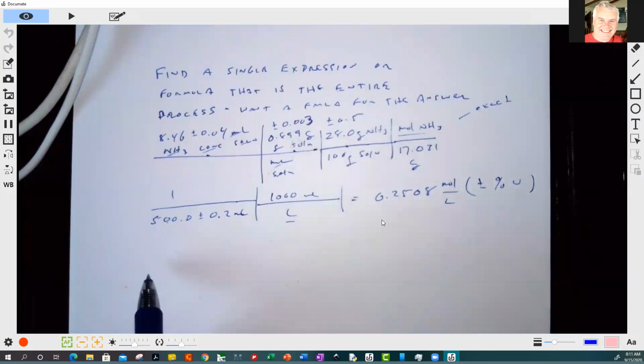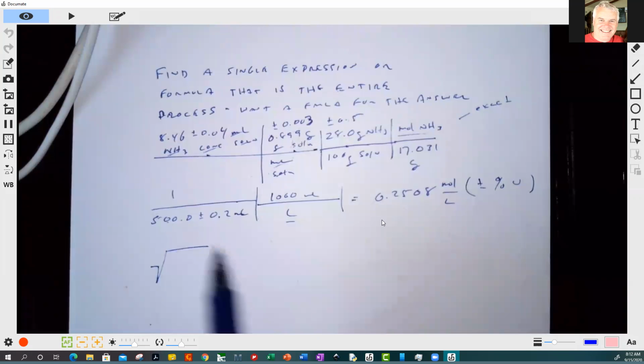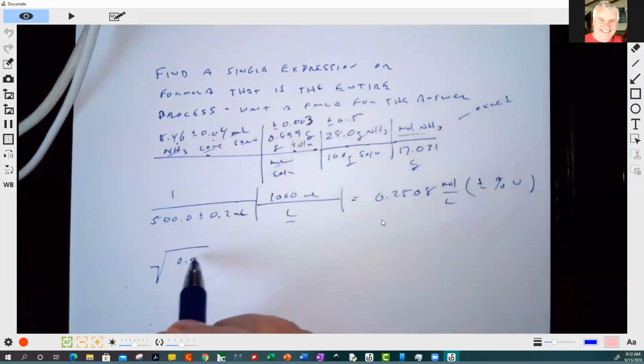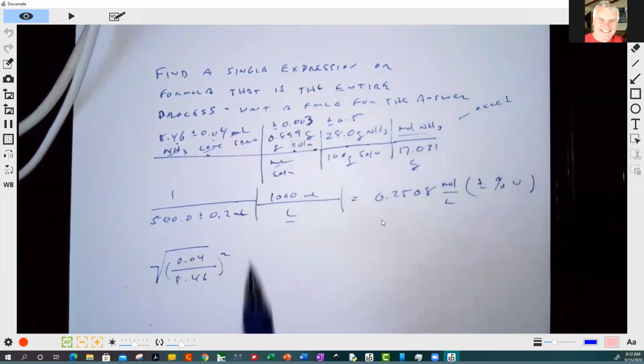But let's just do it as relative uncertainty. And we can say we're going to take the square root of, first this guy over this guy. We're going to square it and put it in the square root.